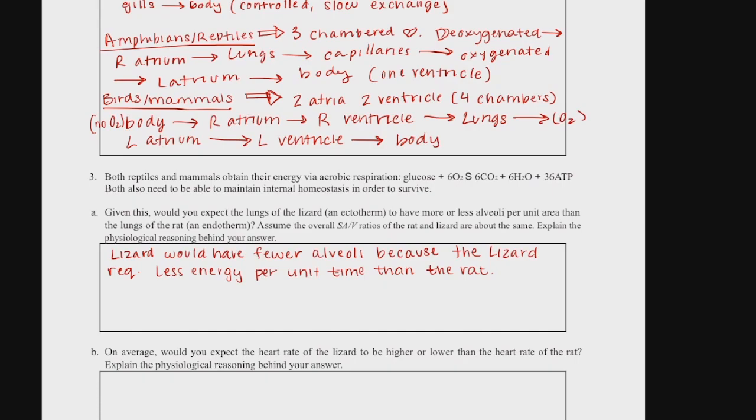So we need higher body temperature to require a higher level of cellular respiration. And because of that, higher levels of oxygen and food intake are then required. So that's why lizards have fewer alveoli, because we need more. We need more oxygen. We need more food just to be able to maintain this body temperature and this level of metabolism.